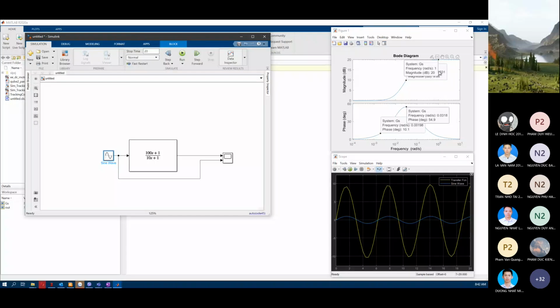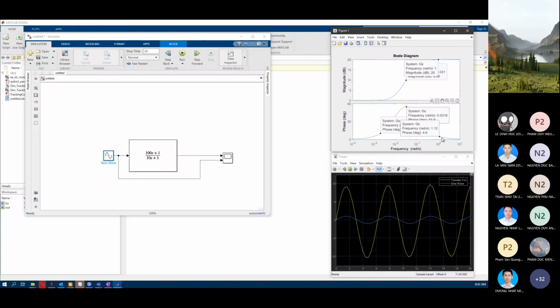And at this point, the phase is about 5 degrees. That means the phase shift between the input and the output is very small, about 5 degrees. And you can see clearly that the input and output have the same frequency, the same phase, right?